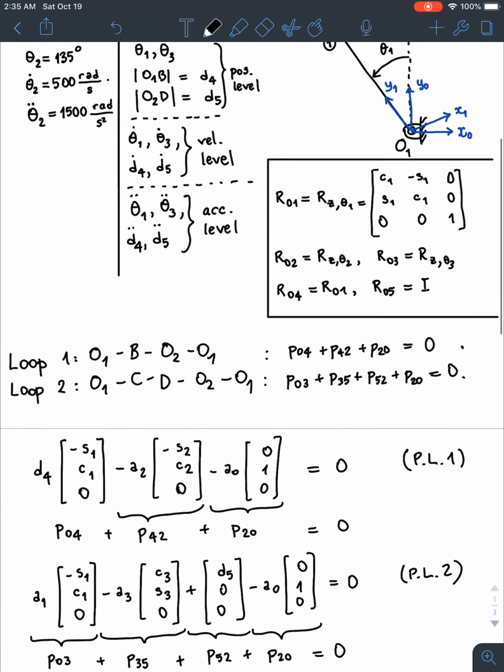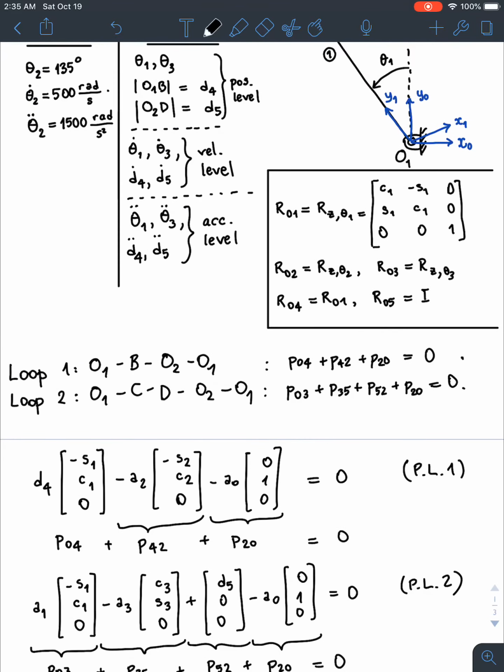That is, I will give you what the values of theta 1, theta 3, d4, and d5 are when theta 2 is equal to 135 degrees. And then derive the velocity level loop equations, and then use the results from the position level equations to derive what the values of theta 1 dot, theta 3 dot, d4 dot, and d5 dot are. All right, see you in the next video.